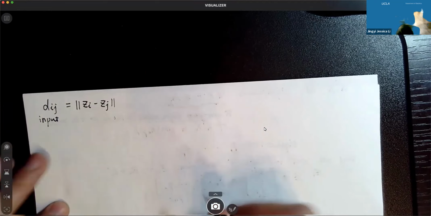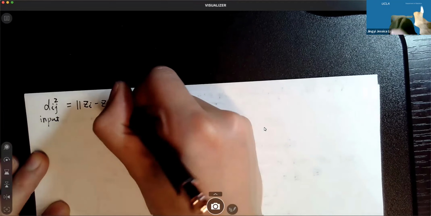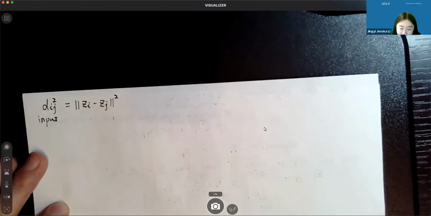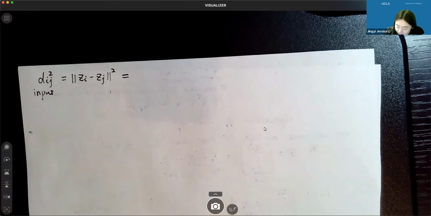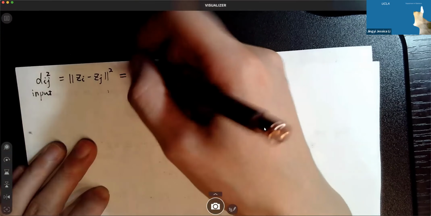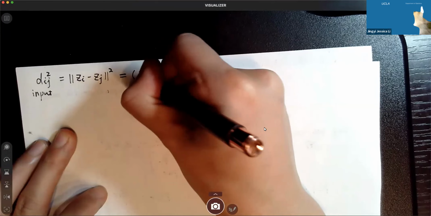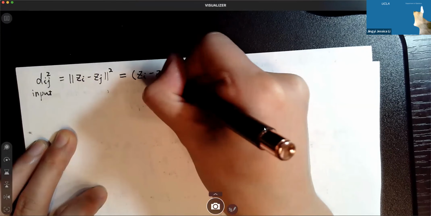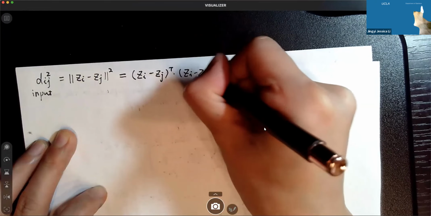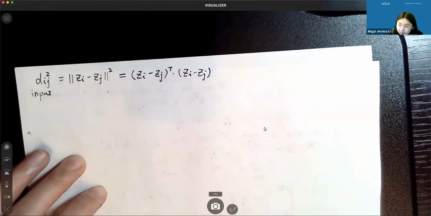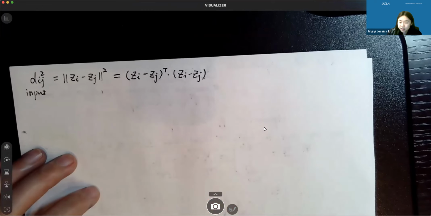Let me square it so I can open it up. We know this squared Euclidean distance can be written as Zi minus Zj transpose times Zi minus Zj, right? This is how we write the squared Euclidean distance.